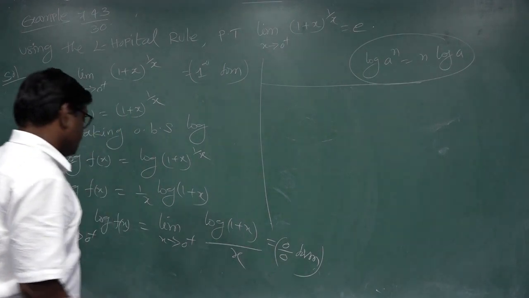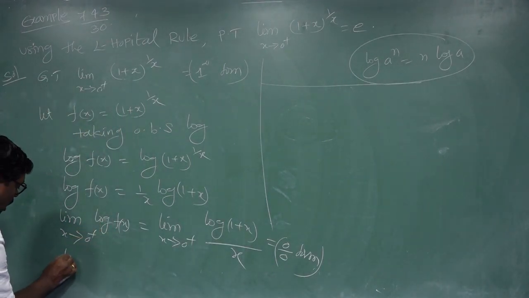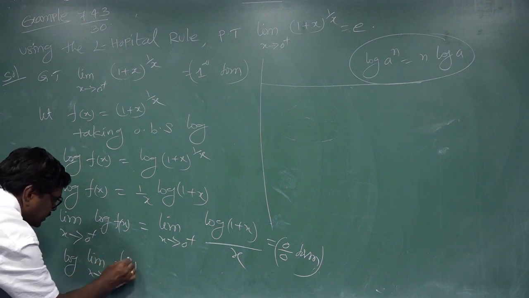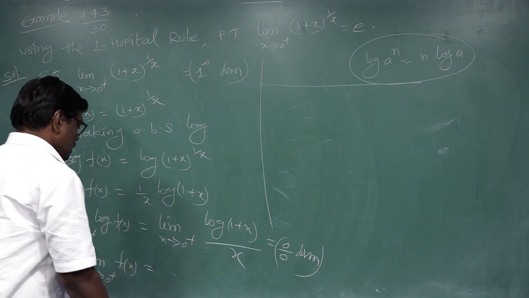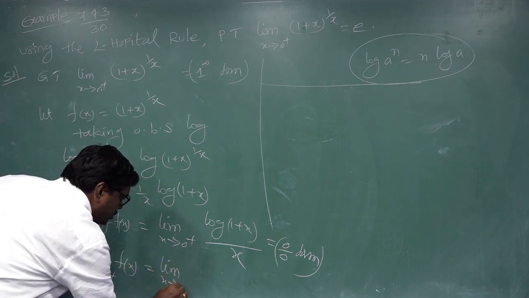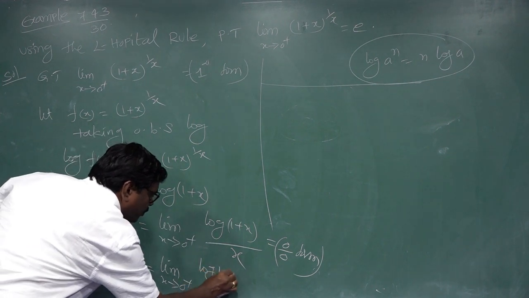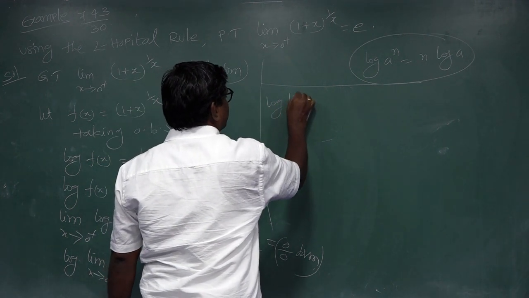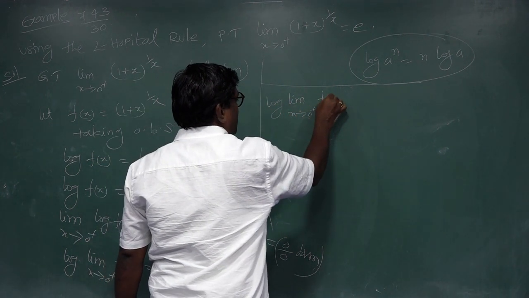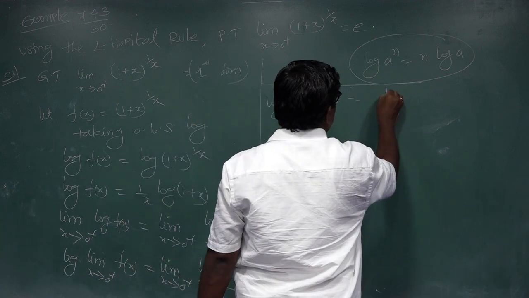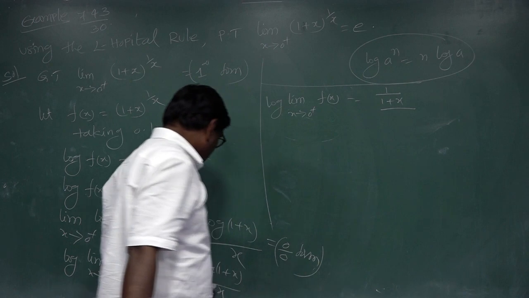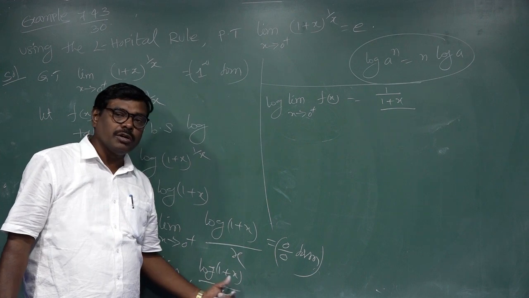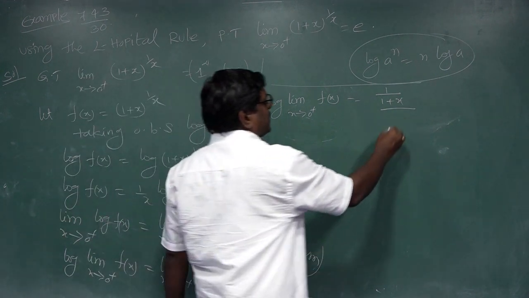By the L'Hospital rule, the limit as x tends to 0 plus of log of f of x equals the limit of log of 1 plus x by x. The derivative of log of 1 plus x is 1 by 1 plus x, with inner derivative 0, and the derivative of x is 1.